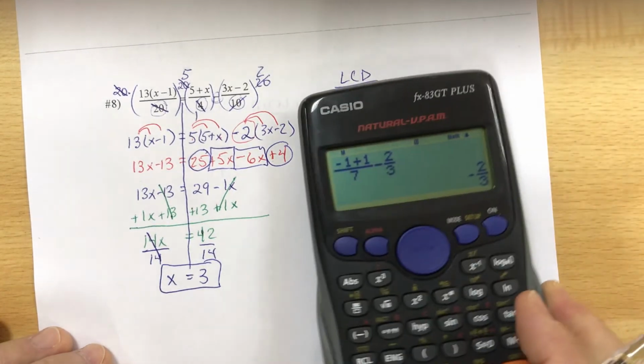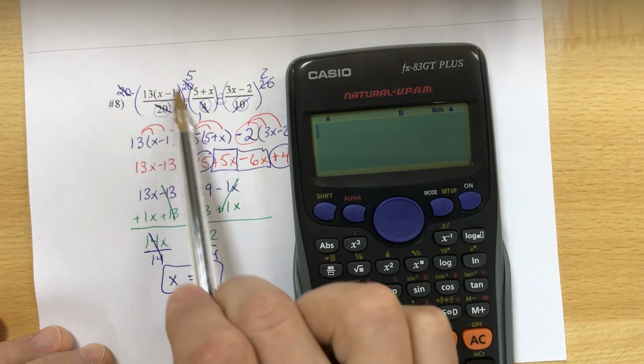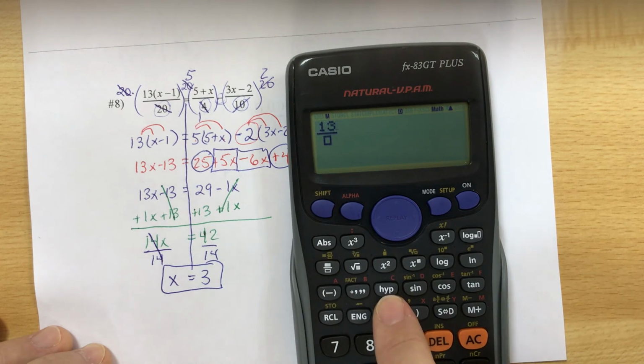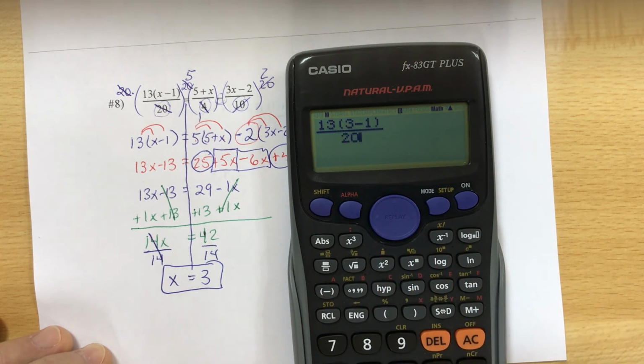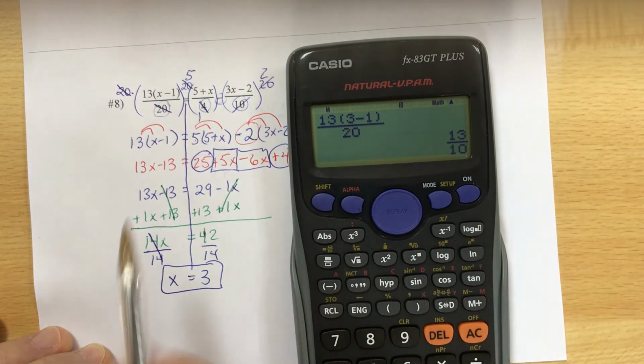All right, now let's see here. Is it right? The left side was a fraction, 13 times x minus 1. So I'm going to put the 3 in there, minus 1, close parentheses, divided by 20. That was the left side, equals, okay, 13 over 10.